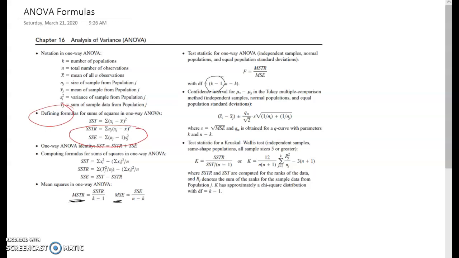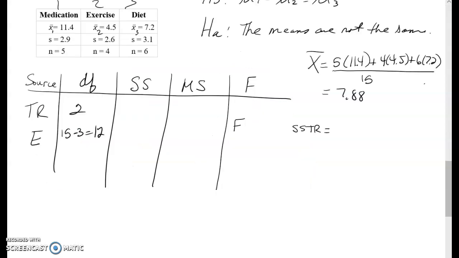So we're looking at the summation of each n times the squared difference between the individual population mean and the total mean. So we start with the first population, which is 5 times (11.4 minus 7.88) squared. The second population is 4 times (4.5 minus 7.88) squared.